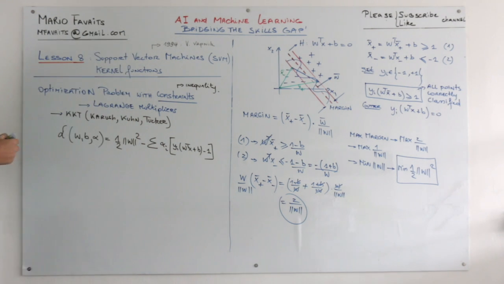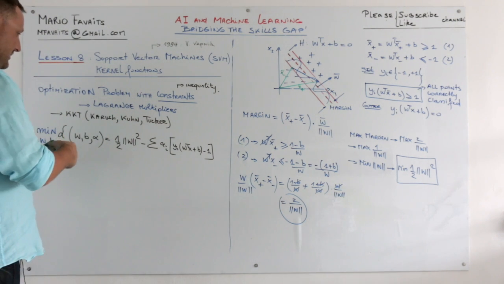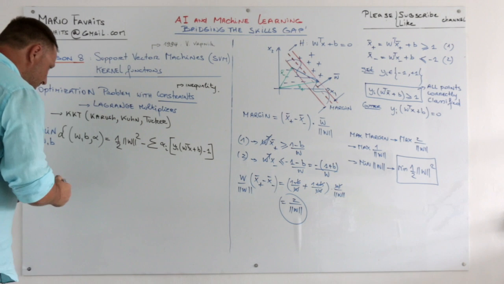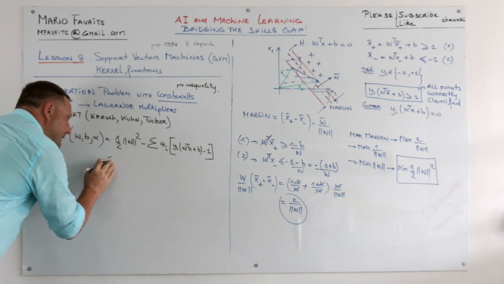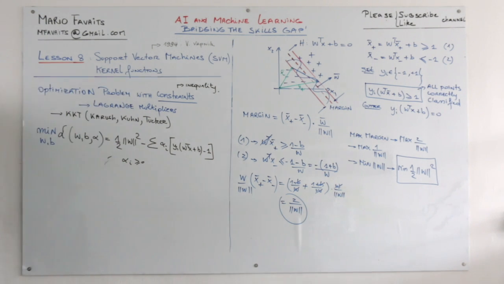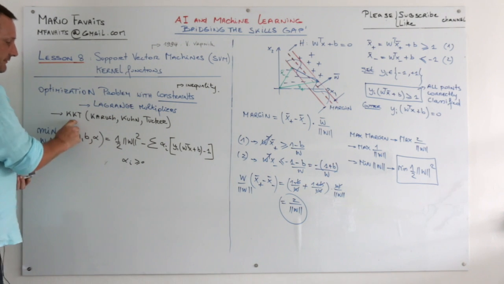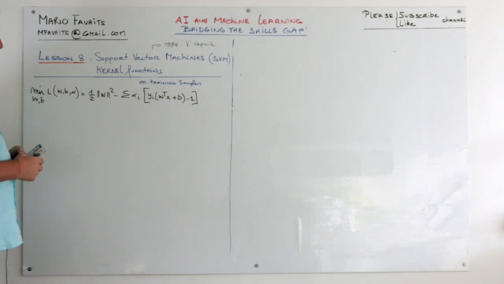So we minimize over w and b. And there is a condition here that comes from KKT, which means that the alpha i's are greater or equal than 0. I'm not going to prove that, but it's part of the KKT condition. This is our objective function, or Lagrangian, and we want to minimize over w and b.